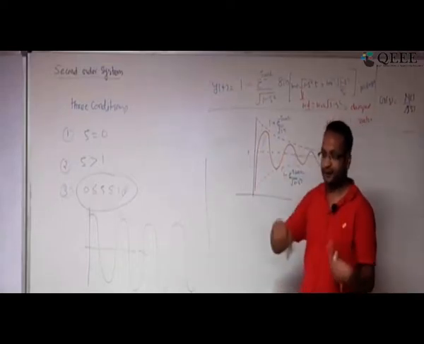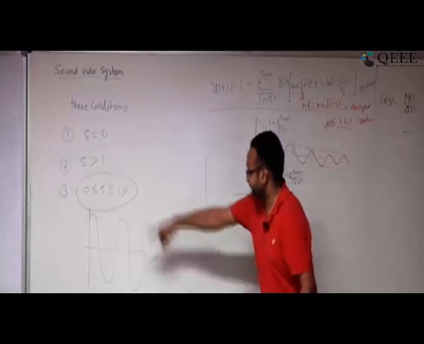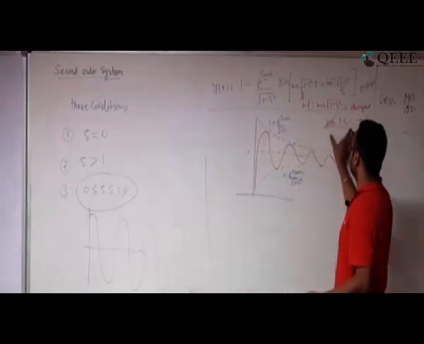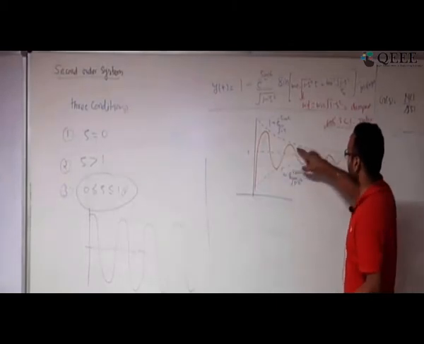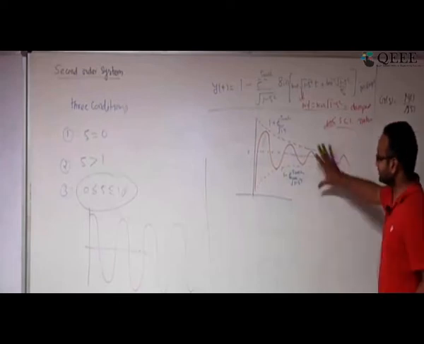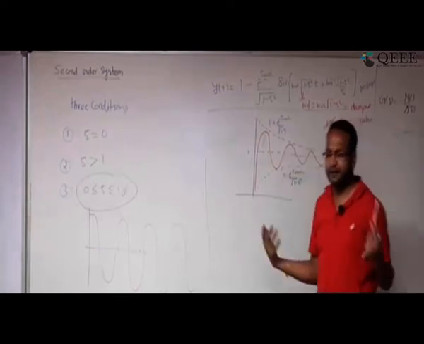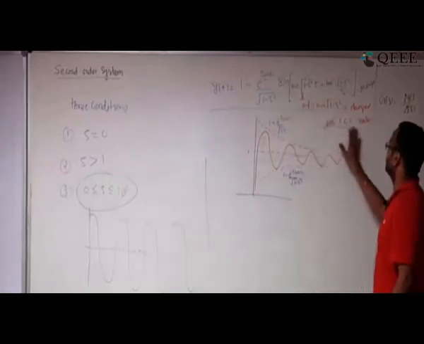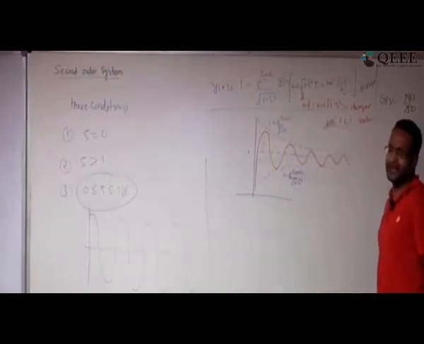Omega n is the undamped natural frequency, this oscillation. And when I am using zeta in the specific range between 0 and 1, it is going to be the damped natural frequency. If you plot it in MATLAB or any plotting tool, choosing zeta between 0 and 1, this is going to be the typical behavior.